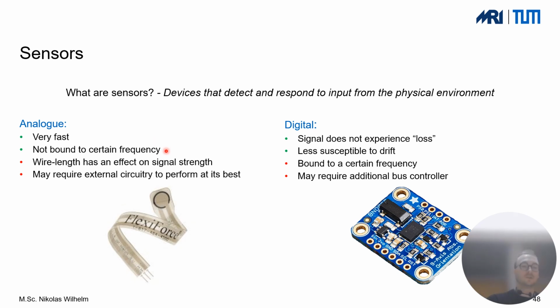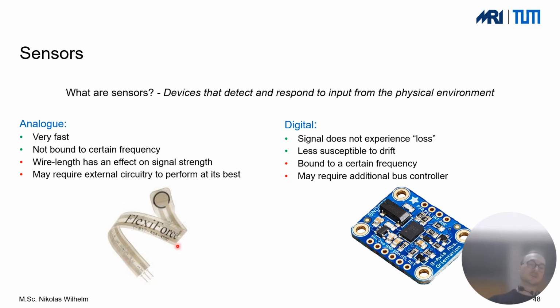But they also come with a lot of bottlenecks. One thing is that because they are affected by any kind of physical disturbance, they will also transmit that. So if you have a very long wire connected to one of those analog sensors, then everything that is happening on that wire will also affect the signal. And a lot of them will require you to use external circuitry, so you will have to further deal with these signals. For example, this analog sensor here, FlexiForce, is made for measuring force signals.